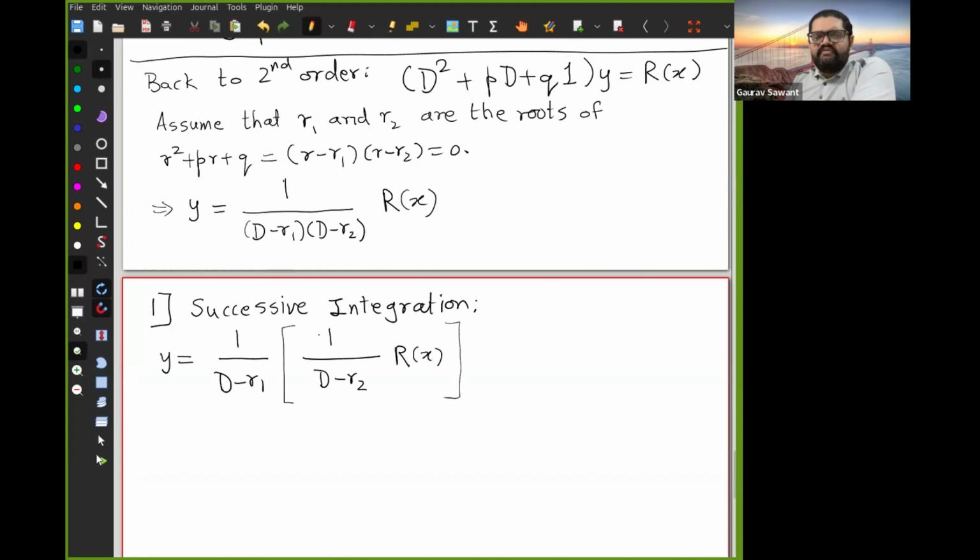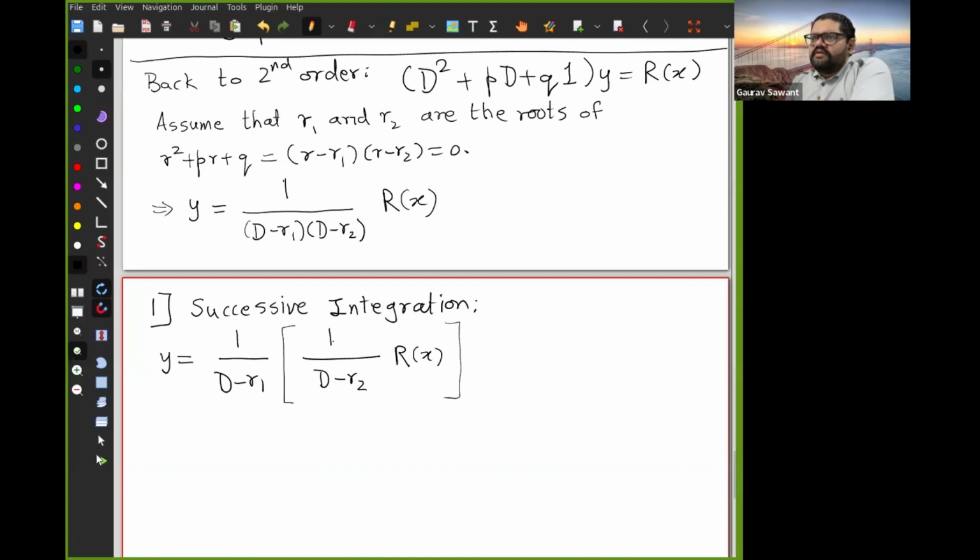This can be done in whichever order, because d minus r1 times d minus r2 is the same as d minus r2 times d minus r1, because the differential operator will commute with itself, and here p and q are constants, so there is absolutely no issue with these. So the successive integration works exactly like this.